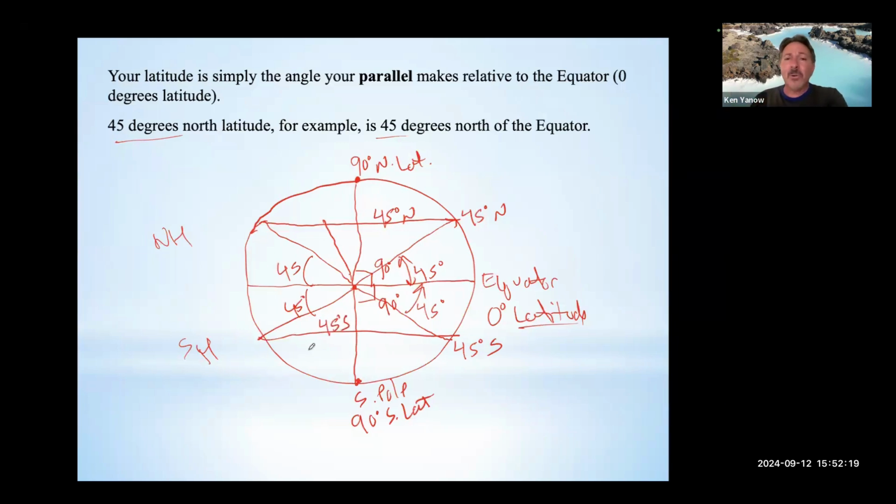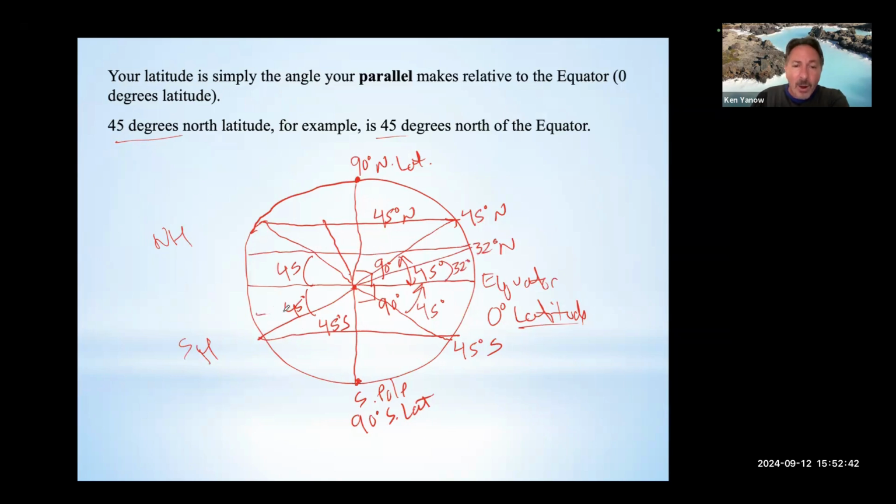And we can play this game for any angle that's above the equator or below the equator. So right here, we make an angle of about 32 degrees north of the equator, which means you and I in San Diego are located at 32 degrees north latitude. We live on the 32nd parallel.